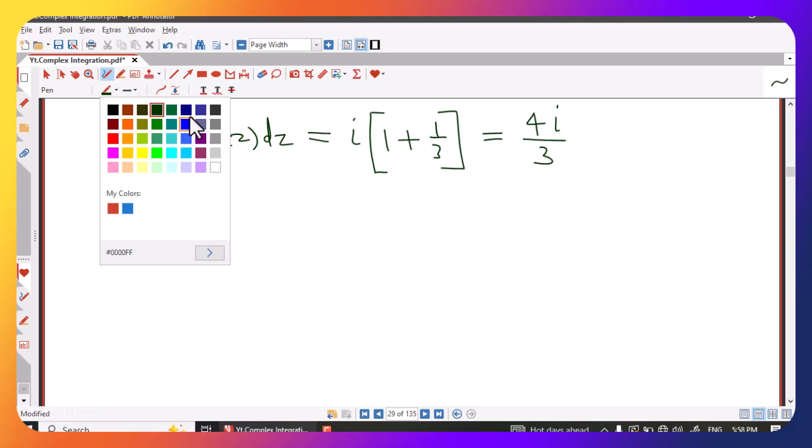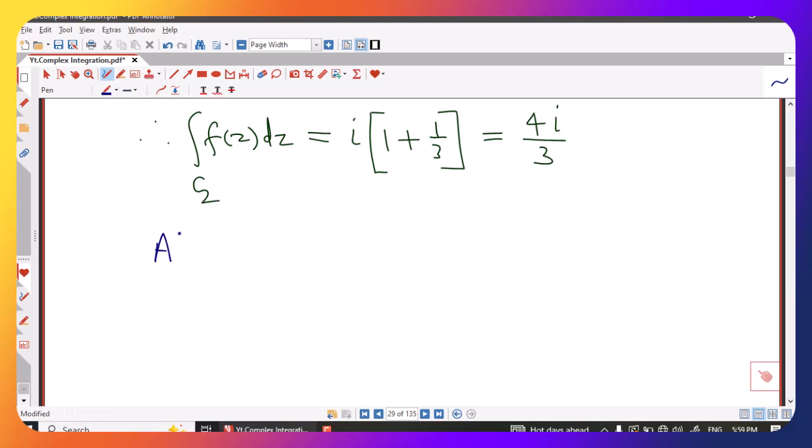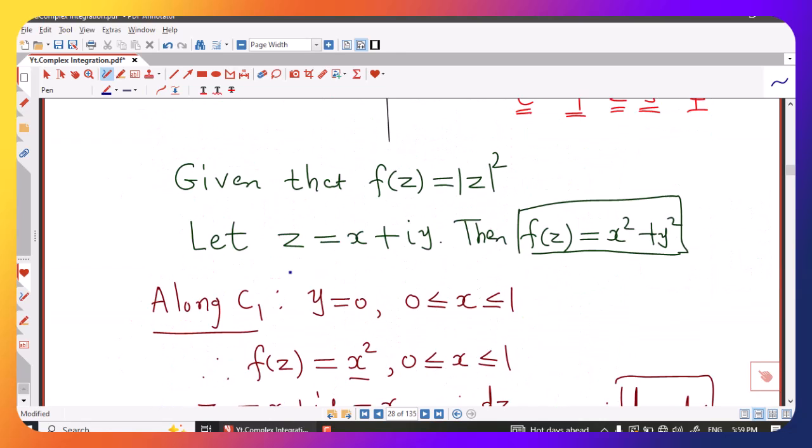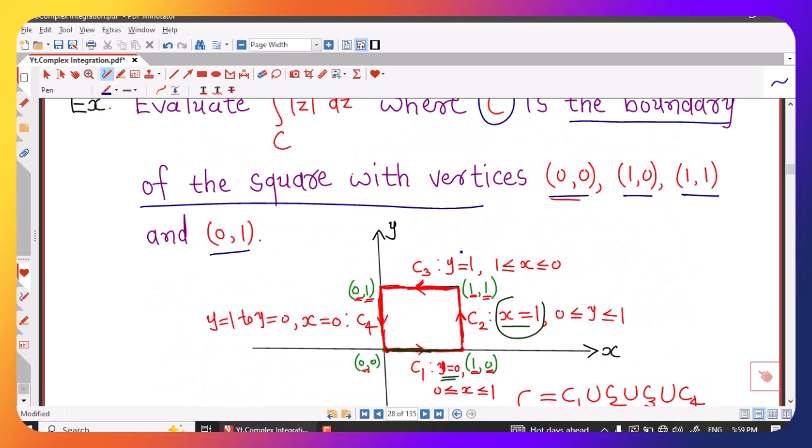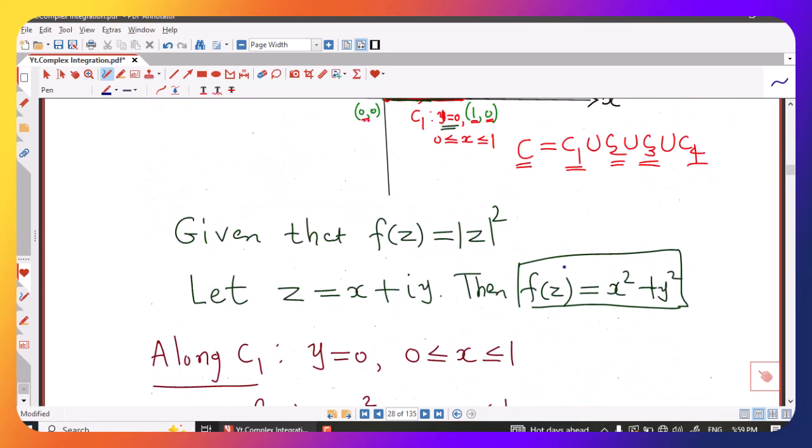Similarly we find out the integral along C3, and along C3 we check what is the equation for C3. C3 is given by y equal to 1 and x is from 1 to 0.